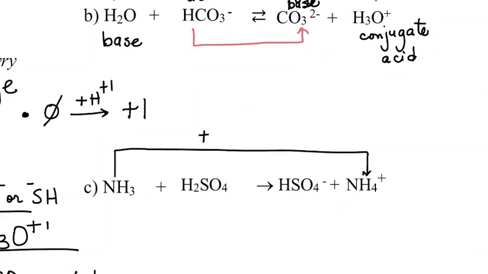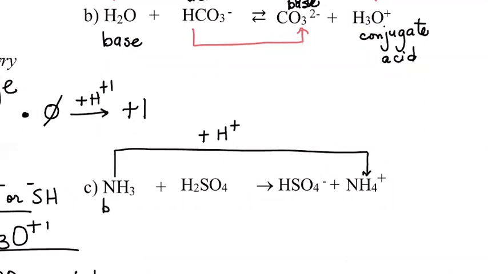That means that we added a proton to it, okay? So what is the role of ammonia in this reaction? Is it an acid or is it a base? Let's put it in the chat. Is ammonia an acid or a base?